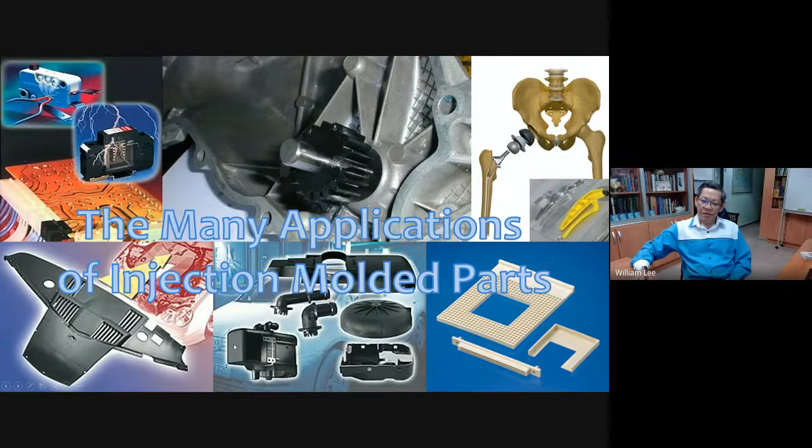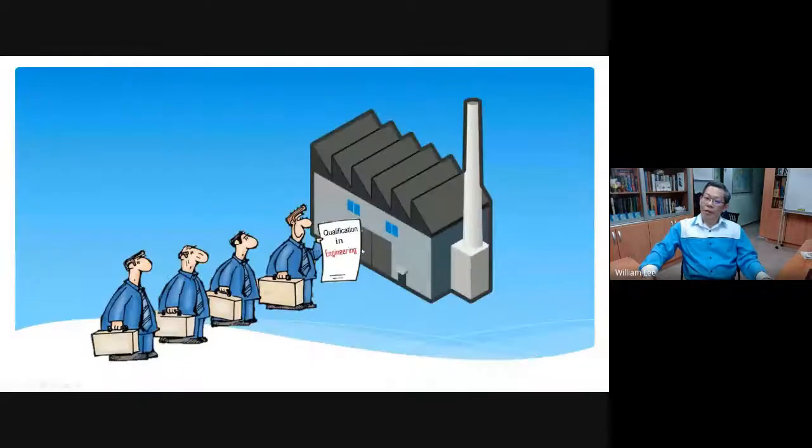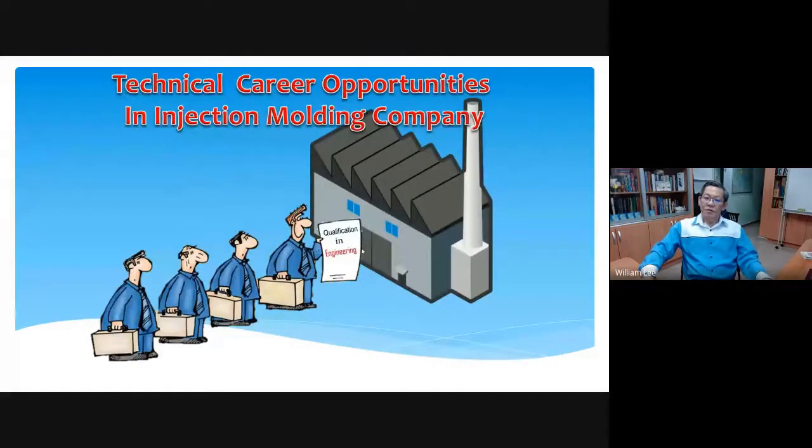They replace some of the metals because the trend for the car is to be lighter in terms of fuel consumption. Of course, the designer is aiming to design a car with less fuel consumption. So there are many applications of these injection molded parts. All right. So therefore, we also have plenty of technical career opportunities in the injection molding company.